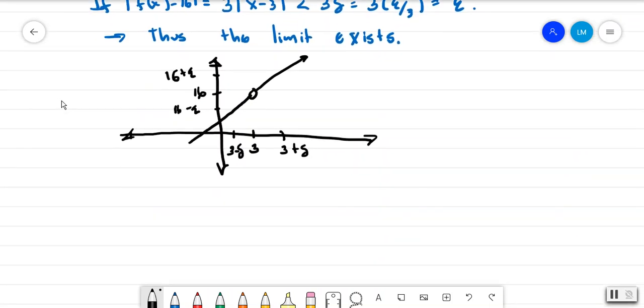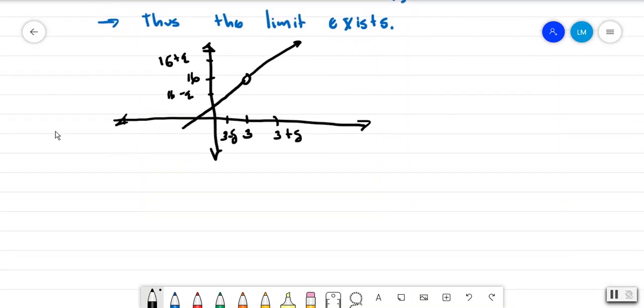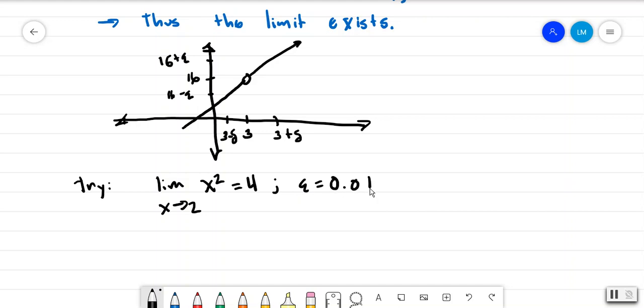Okay, so now what you should definitely look at, for instance, is the limit as x approaches 2 of x squared, which equals 4, but do it in a way where you use epsilon equal to 0.01.